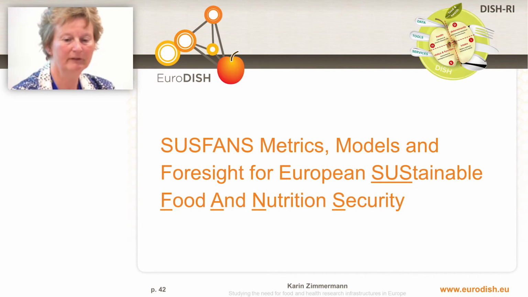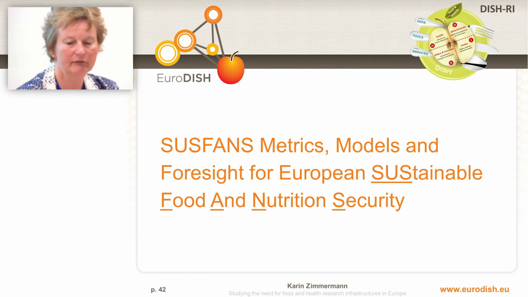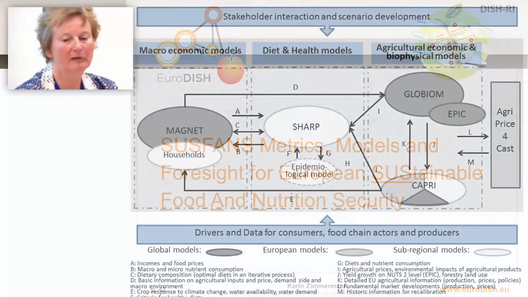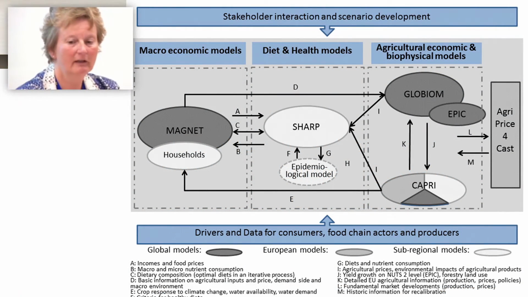Then we have SUS funds, metric and models for foresight for European sustainability, food and nutrition security. A slightly different angle, but also contributing in the modeling sense and from the economic perspective, the more healthy, sustainable, affordable, palatable diet of the European consumer.